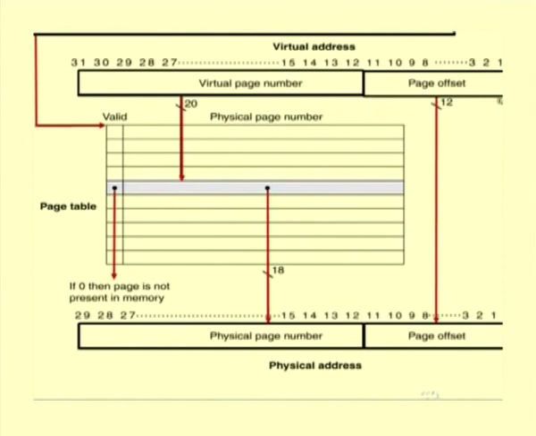So 12 bits are used for the offset, and the rest of the bits are used as the virtual page number. This 20-bit virtual page number is translated to an 18-bit physical page number, to which the 12-bit offset is added to get back my 30-bit physical address. This is how the virtual address to physical address mapping would be done.